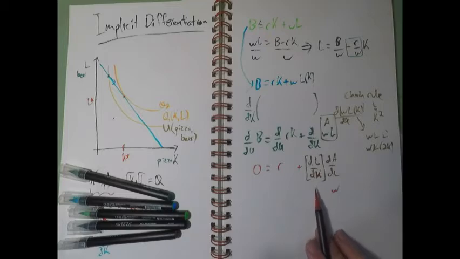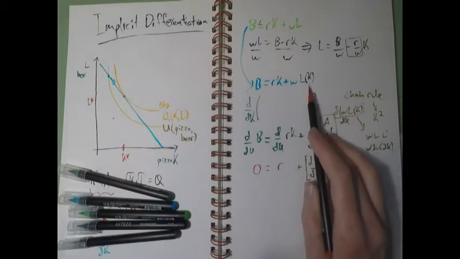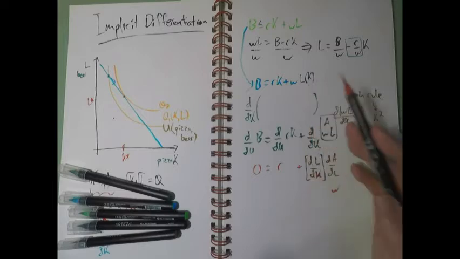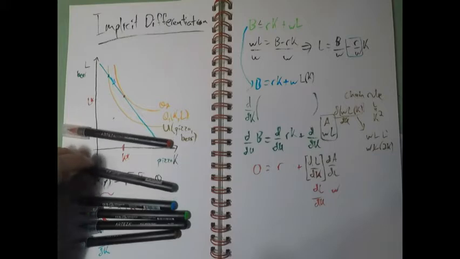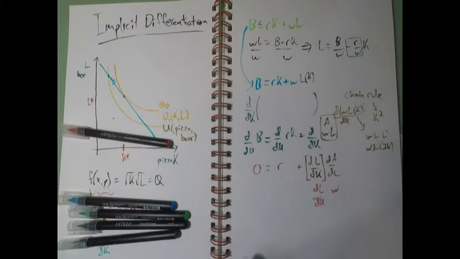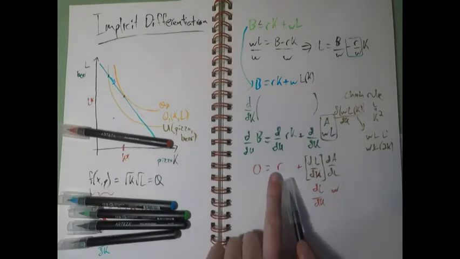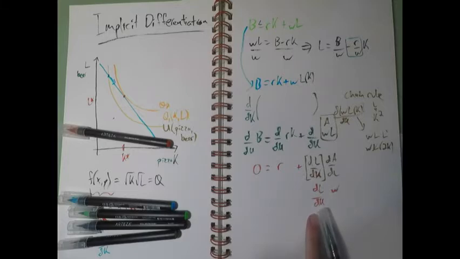Well, we don't really know. We do know that implicitly L is a function of K, so there is some sort of dL/dk, but we don't actually know what it is. But nice thing with algebra, we can just put in that placeholder for the time being, and then we can rearrange. So we got 0 equals R plus W times dL/dk, right?